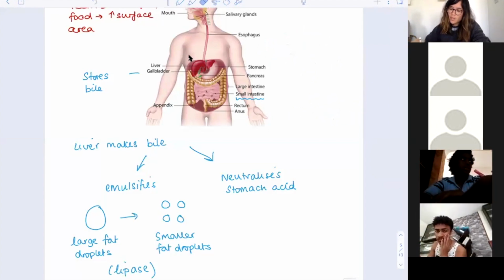Bile is made in the liver, stored in the gallbladder, released into the small intestine.